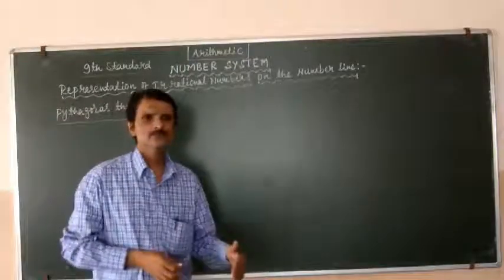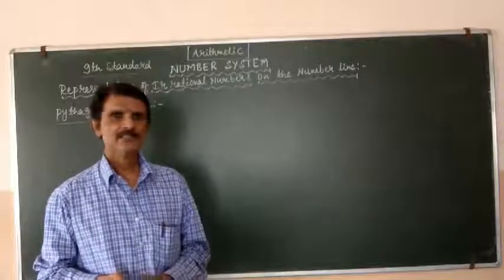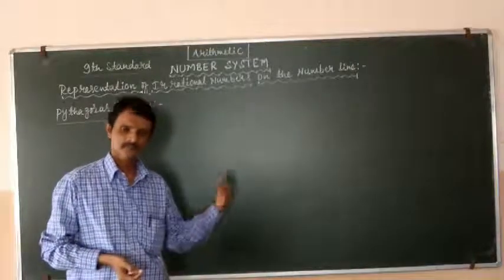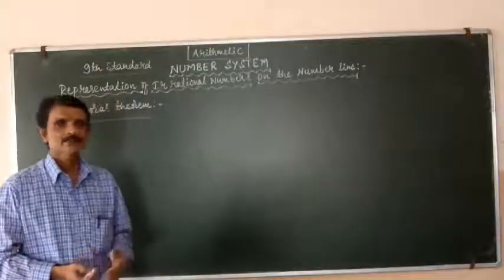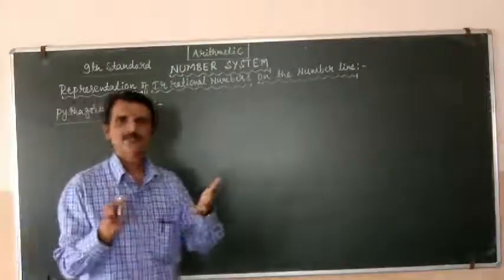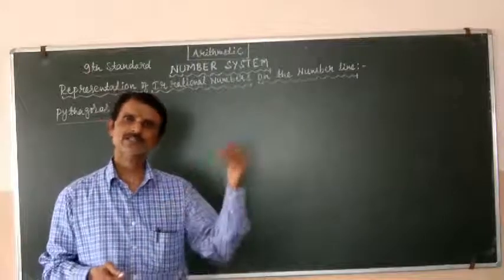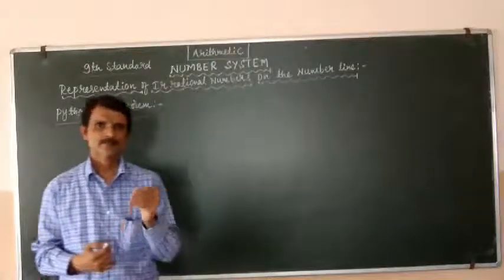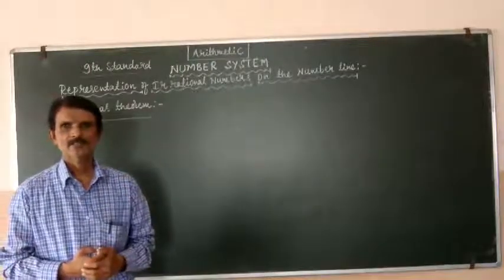Before going to represent irrational numbers on the number line, now we shall see what is the statement of the Pythagoras theorem, which is given by the Greek mathematician Pythagoras.